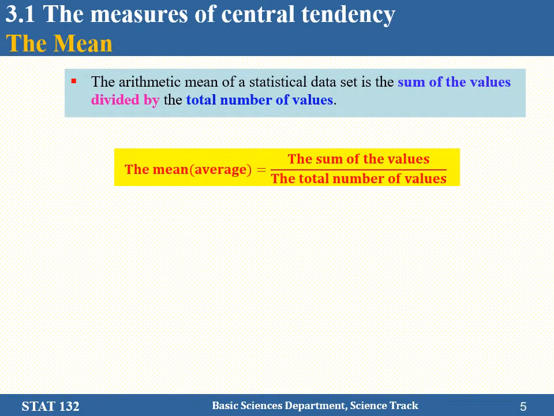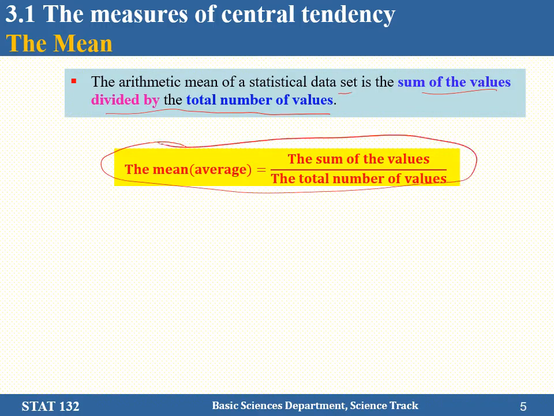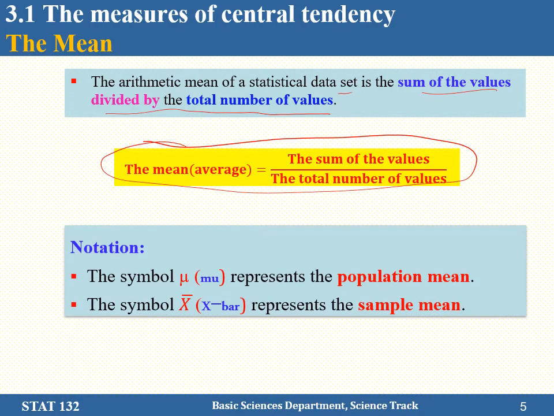So the mean of a statistical data set is the sum of the values divided by the total number of the values. And here, yeah, we can write it as an equality here. The mean means the average. And if we are calculating the mean of a variable from a population, then you use the symbol mu for it.